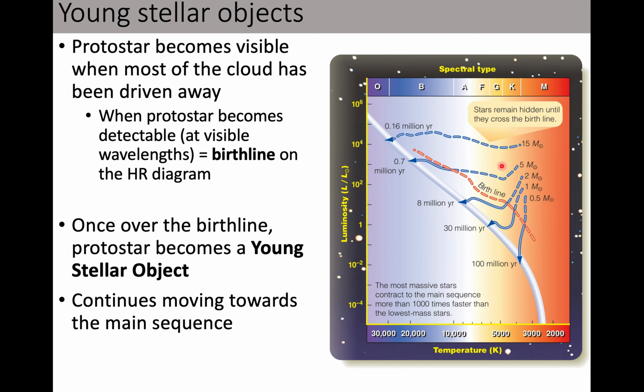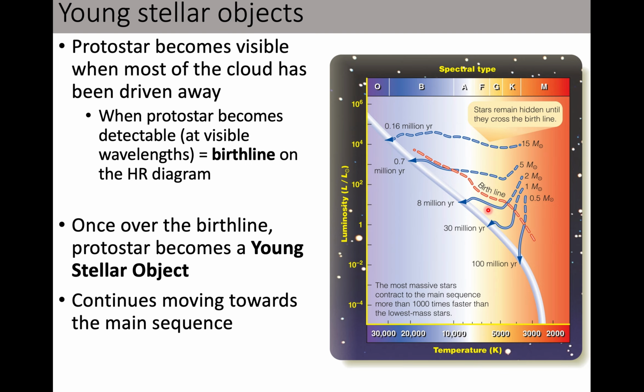So when the protostar becomes detectable at visible wavelengths is when it crosses this pretend line called the birth line on our HR diagram. So these protostars here are not detectable in the visible wavelength. We cannot see them until they've gotten to the point to where they're across this birth line.